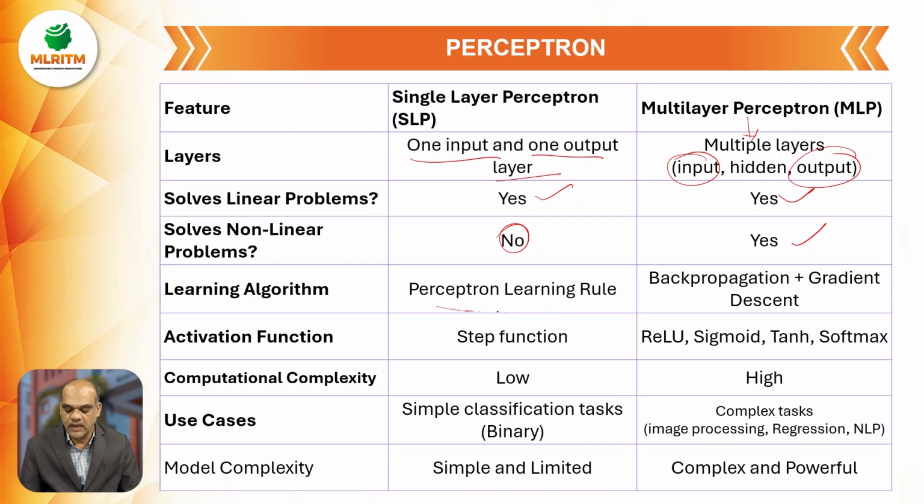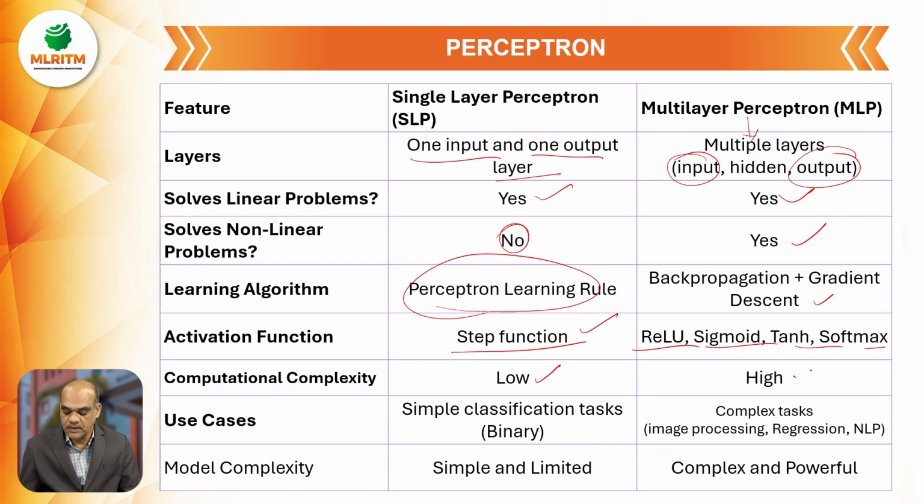Learning algorithm: any learning algorithm we can use here, backpropagation as well as gradient descent and boosting algorithms can be used here. Activation function: in the one case we use the step function, and in the other case ReLU, sigmoid, tanh, and softmax, any activation function we can use in the case of MLP.